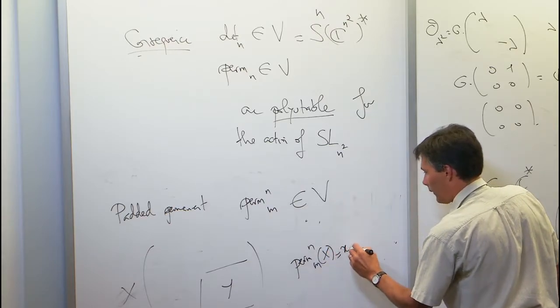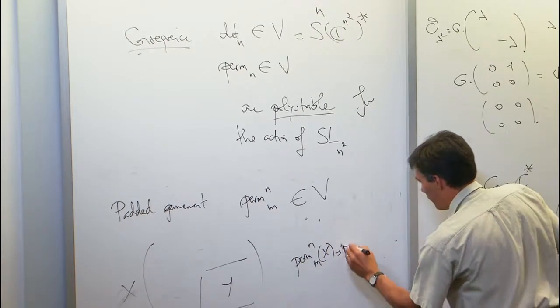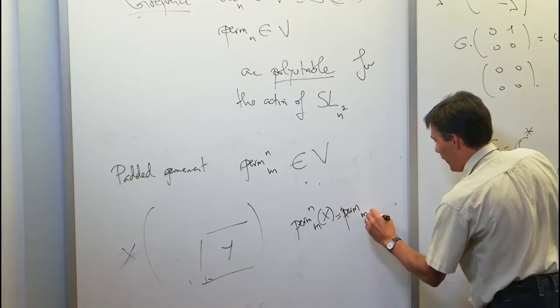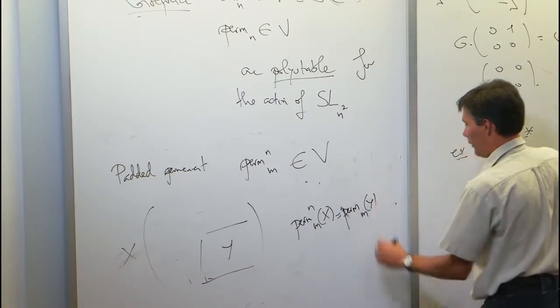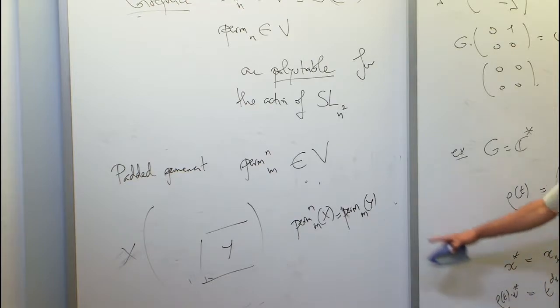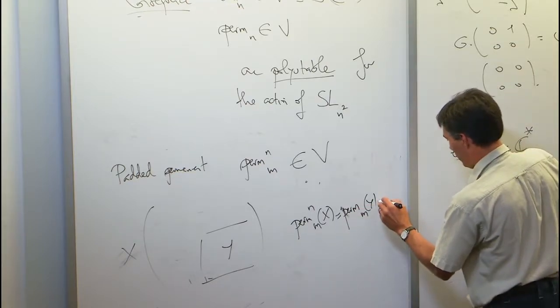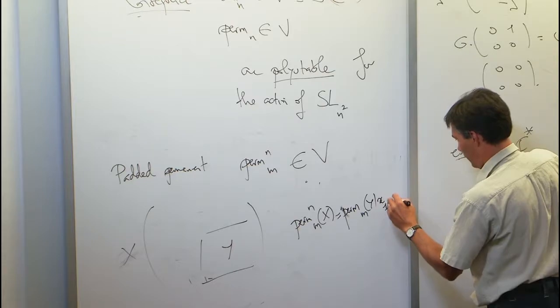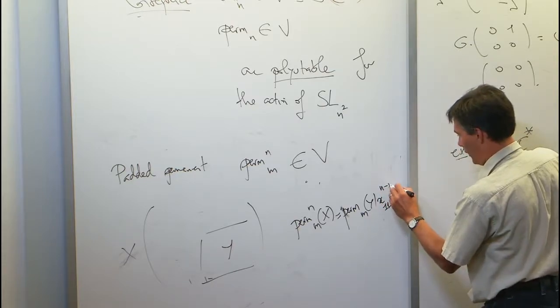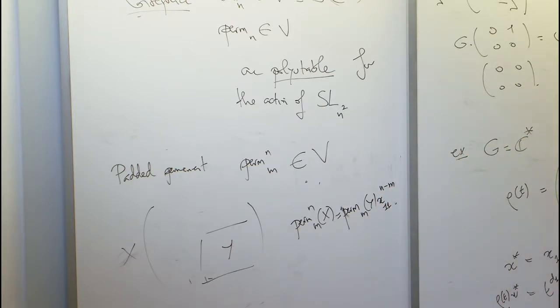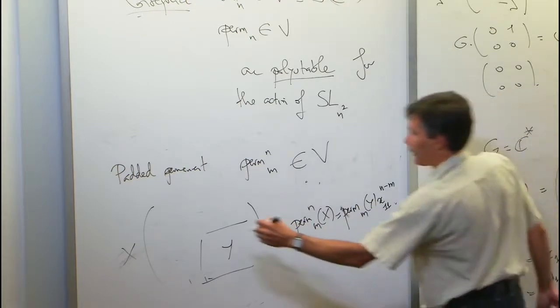Take the permanent of it, for m by m matrices, I apply it to Y, and I get a degree n polynomial by multiplying by x11 to the n minus m. This is the padded permanent.